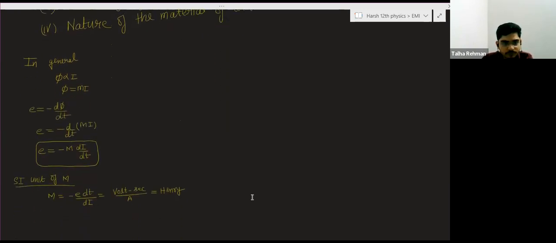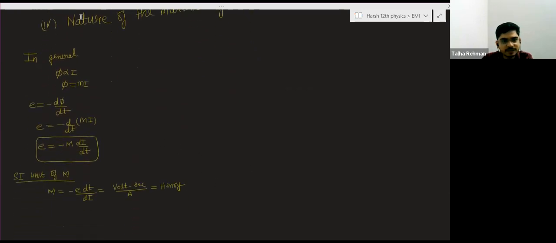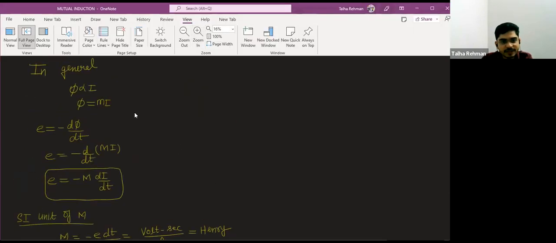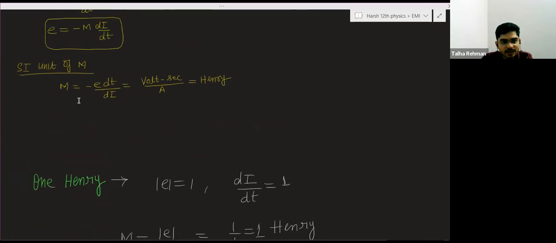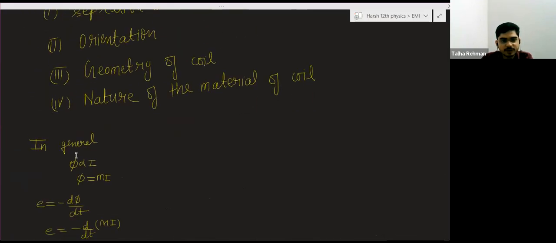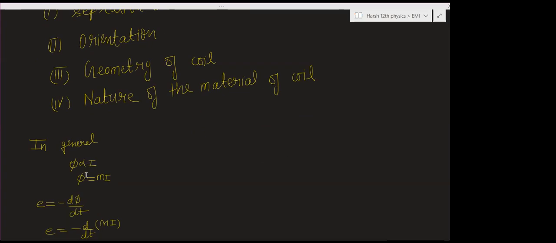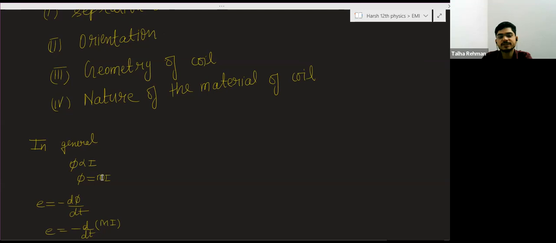This is a very easy thing. Flux is directly proportional to the current. When you change the current in coil 1, there will be a change in the flux in coil 2. So the magnetic flux is directly proportional to the current. When you remove this proportionality sign, you get this M. And we know that induced EMF is given by minus d phi by dt, Faraday's law.